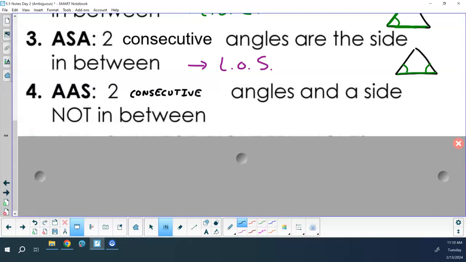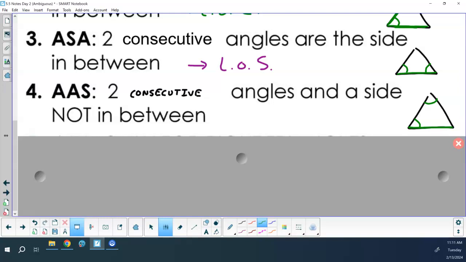So now you're given something that looks like that. And again, you can find the third angle using the triangle sum theorem. You already have your complete fraction in the law of sines, so you're good to go there.